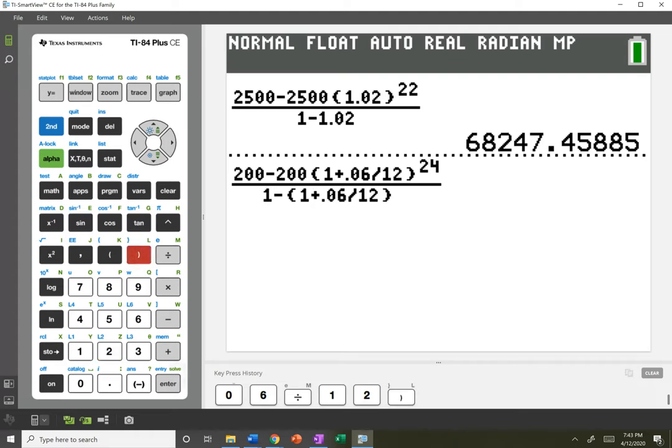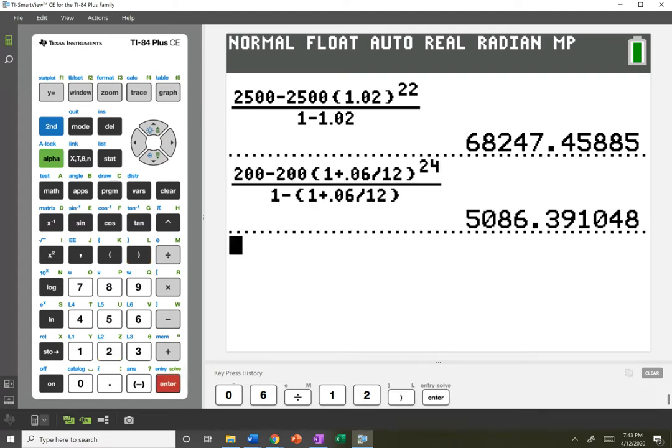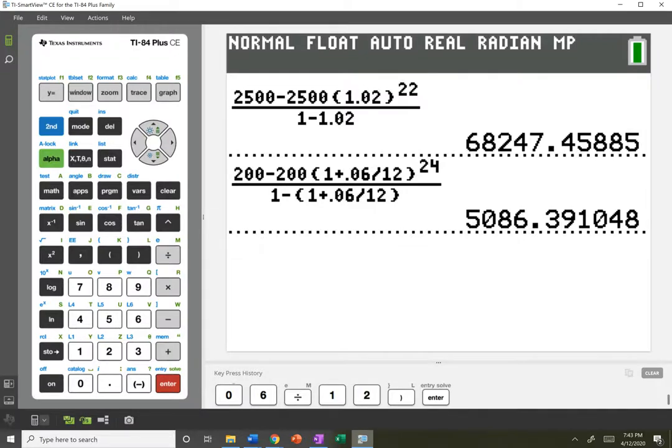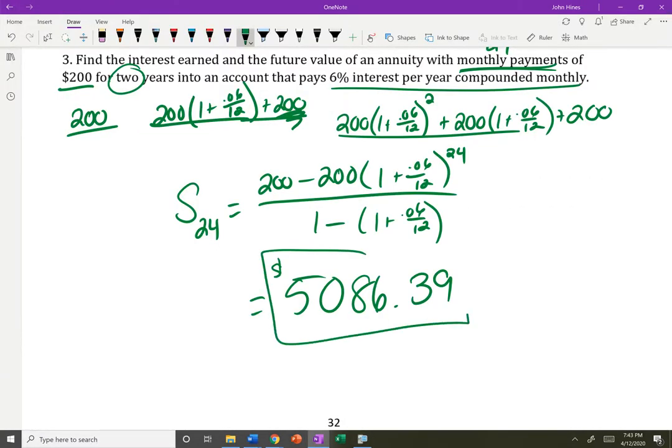This is going to tell me how much money I have in my account. $5,086.39. Did I say? Yes, 39 cents. That's how much money is ending up in this account.